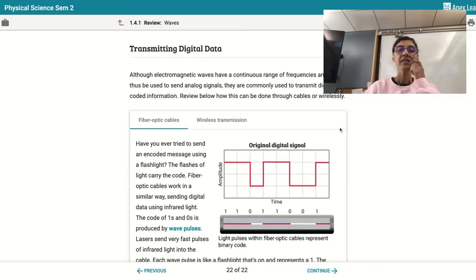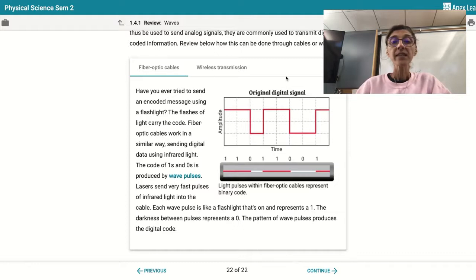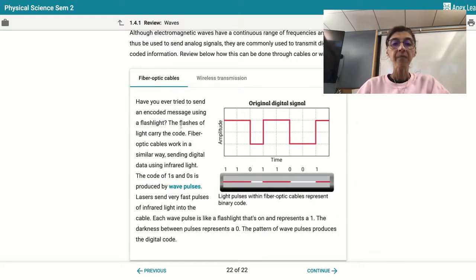And then lastly, transmitting digital data. Although electromagnetic waves have a continuous range of frequencies, they are commonly used to transmit digitally coded information. Okay, so this shows you the difference between fiber optic cables and wireless transmission. The flashes of light that you use, like if you've ever used your flashlight to send someone a signal or Morse code, those flashes of light carry a code.